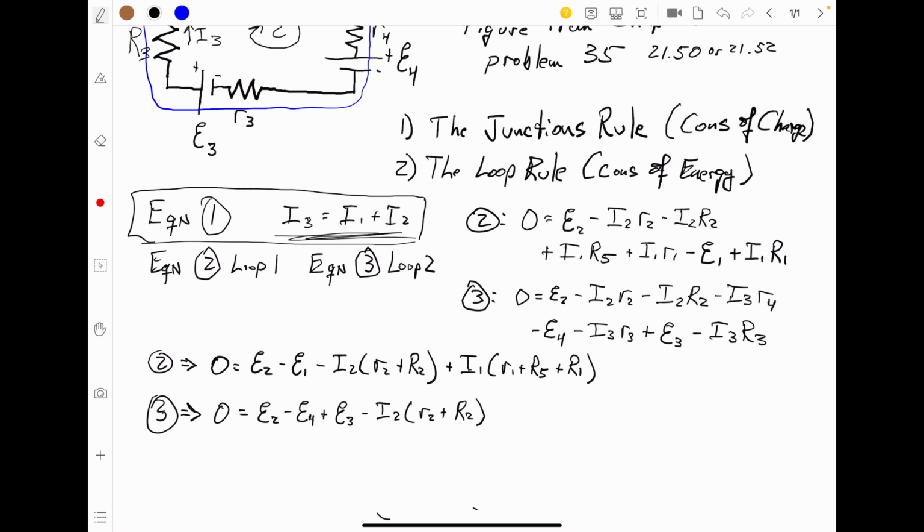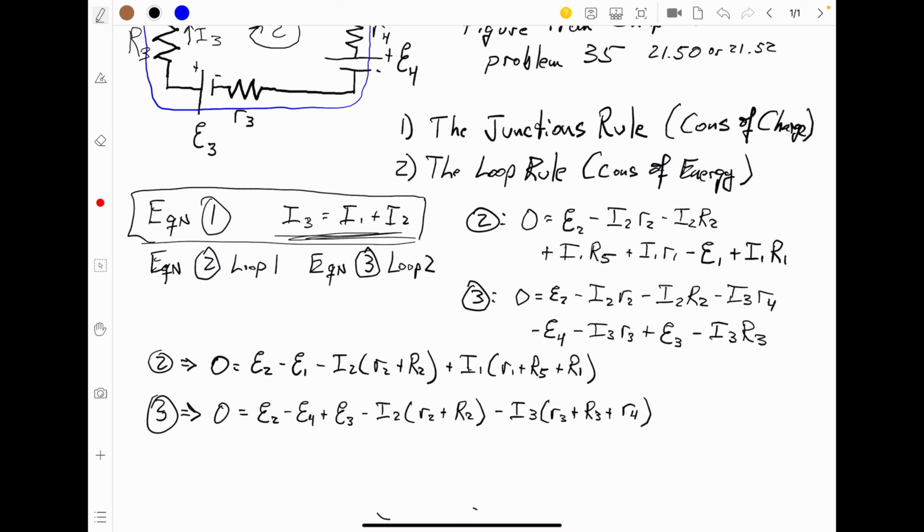And then we can do the I3s. All the I3s are negative, so we're going to say minus I3, and then we're going to multiply by little r3 plus big R3 plus little r4.